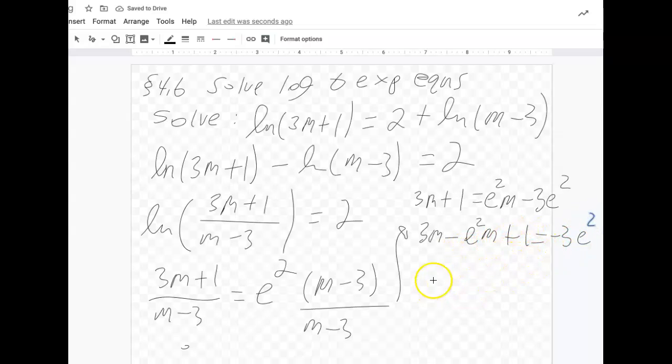I'll subtract 1 to both sides so that I can now play with this side a little bit more. E squared m equals negative 1 minus 3e squared. So at this point, I'm still solving for m. To do that, I see that there's an m in each term, so I can factor out an m.